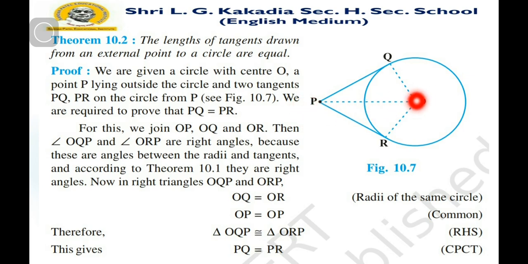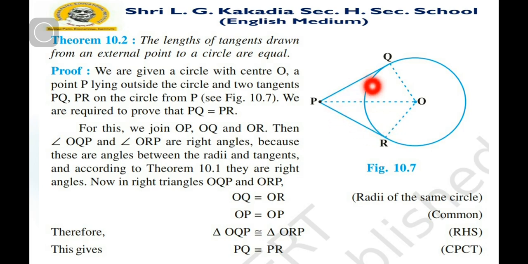If we draw the line segment PO, here you can find two triangles, PQO and PRO. We know that the tangent and radius are perpendicular to each other, so angle Q is 90 degrees, and angle R is also 90 degrees.